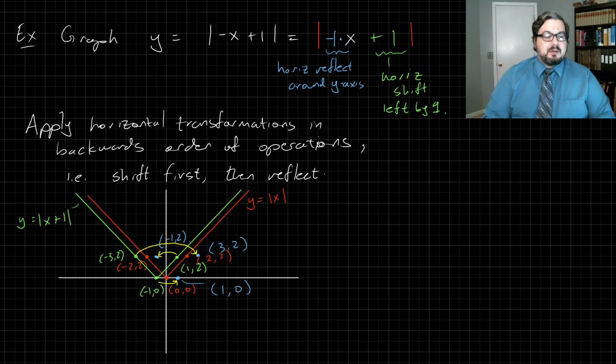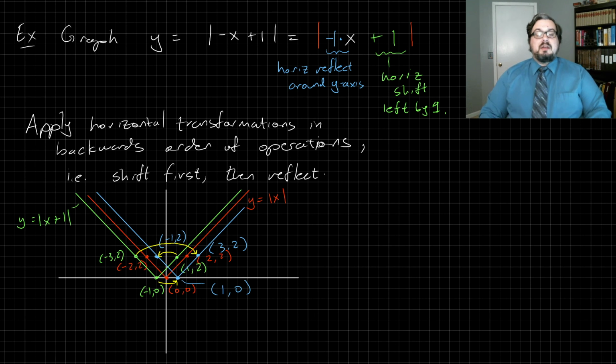And so we get this set up here. Now the blue line is the graph of y equals the absolute value of -x plus 1. So we did this in 2 steps. First, we shifted the graph horizontally by 1, and then we reflected it around the y-axis.